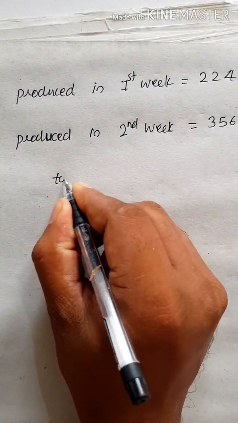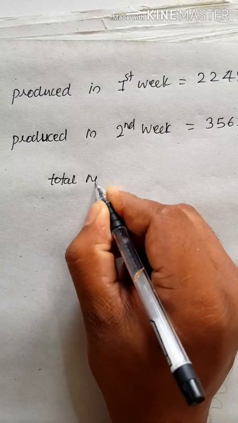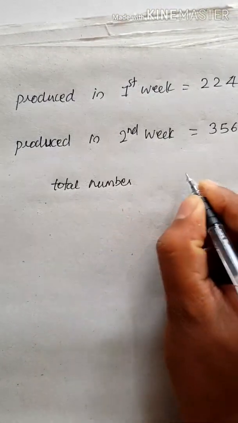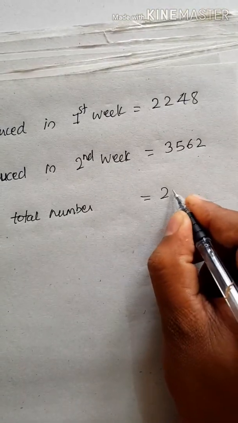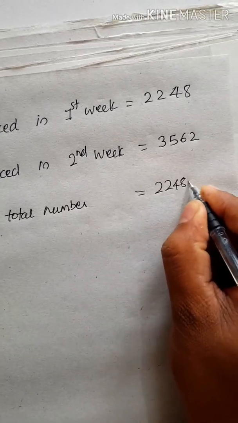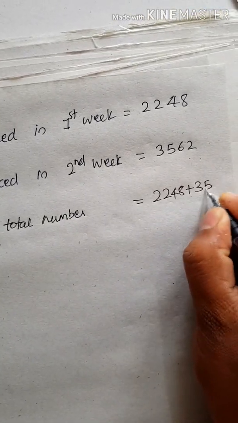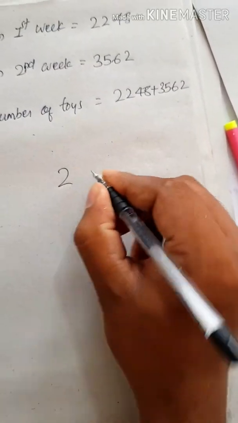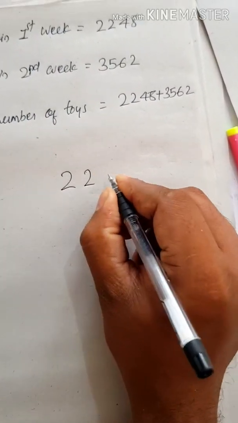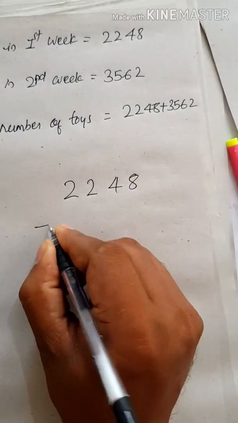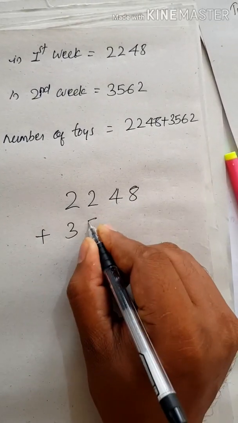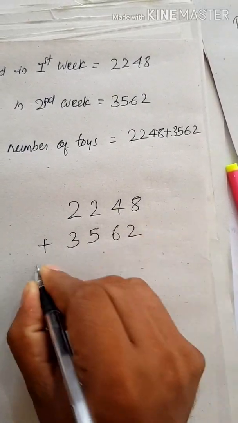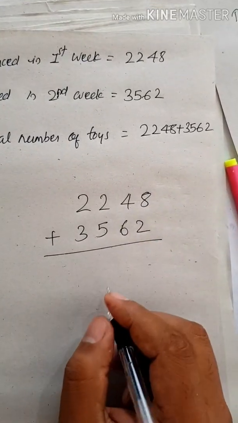Total number is equal to 2,248 plus 3,562. These two numbers.